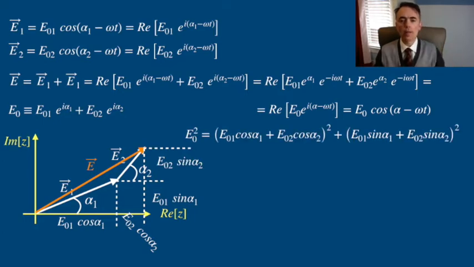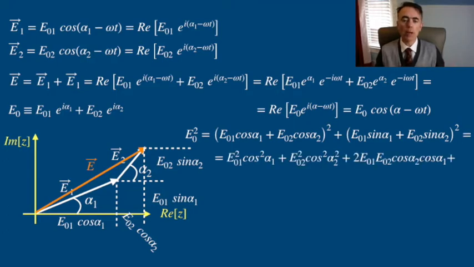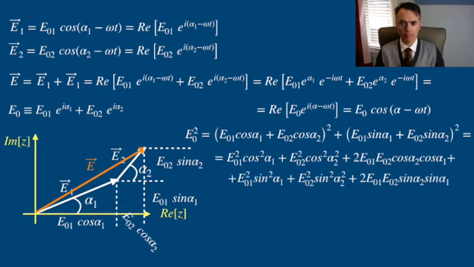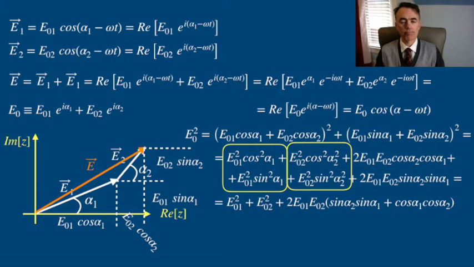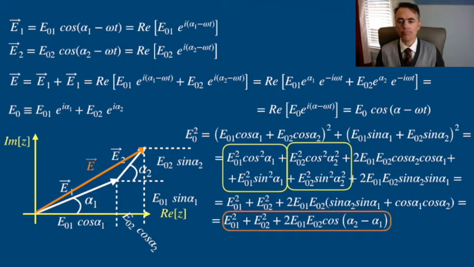E0 squared is (E01 cosine of alpha 1 plus E02 cosine of alpha 2) all squared plus (E01 sine of alpha 1 plus E02 sine of alpha 2) all squared. With a bit of wibbly wobbly math, which is the cosine theorem applied to the triangle.